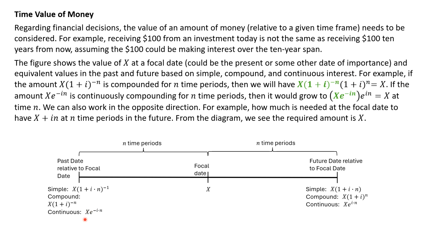And you can do a similar thing for simple, but I showed here for continuous. So this would be your principal, and then you have n time periods with an interest rate of i per time period, and you do continuous compounding. Then this is your starting principal, and you put that into the formula for continuous interest.